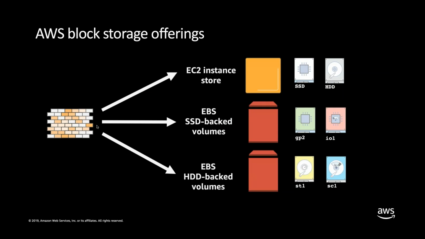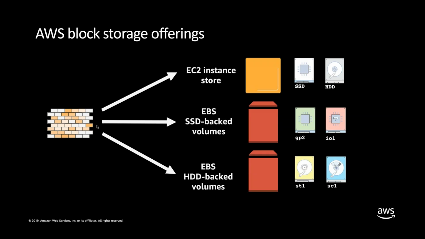We have multiple offerings for AWS block storage, not just EBS. We also have EC2 Instance Store, which is a physical hard disk placed on a specific machine. For example, if you launch an EC2 instance that has an instance store, it's directly attached to that EC2 instance, compared to EBS, which is network-based block storage.